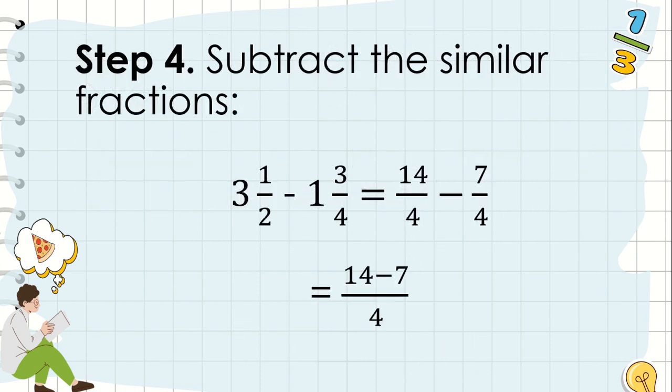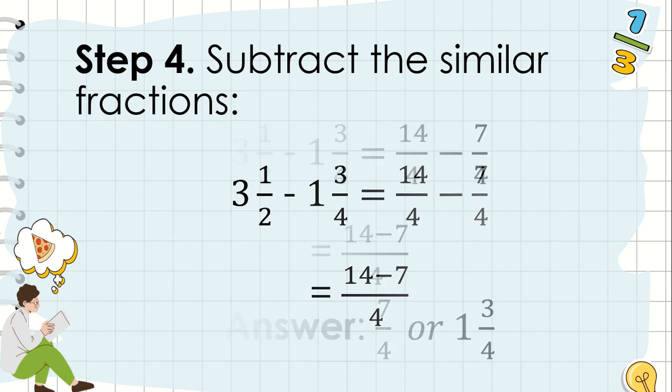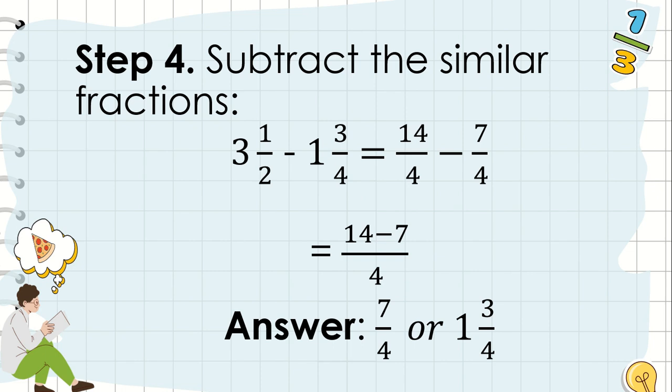Step 4. Subtract the similar fractions. 3 1/2 minus 1 3/4 is equal to 14/4 minus 7/4 is equal to 14 minus 7 over 4. The answer is 7/4 or 1 3/4.